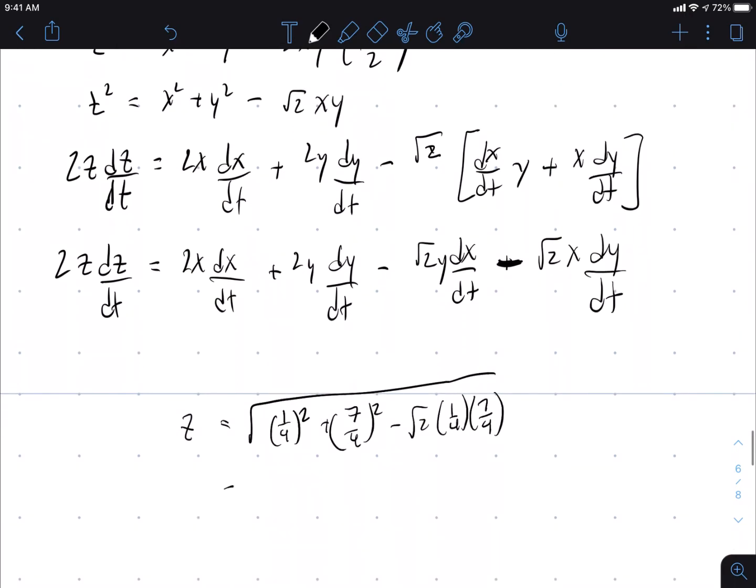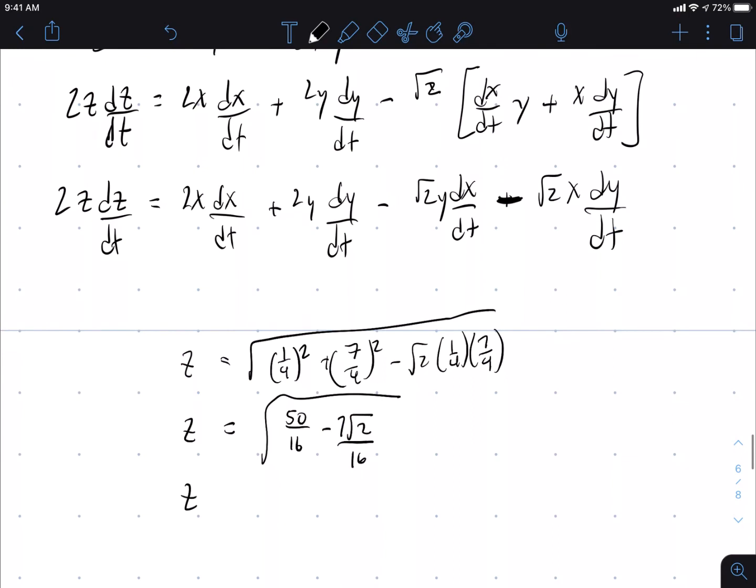That's 50/16 minus 7 root 2 over 16, which will be 1/4 root of 50 minus 7 root 2. I wrote down all the steps so you guys can see it. Okay?